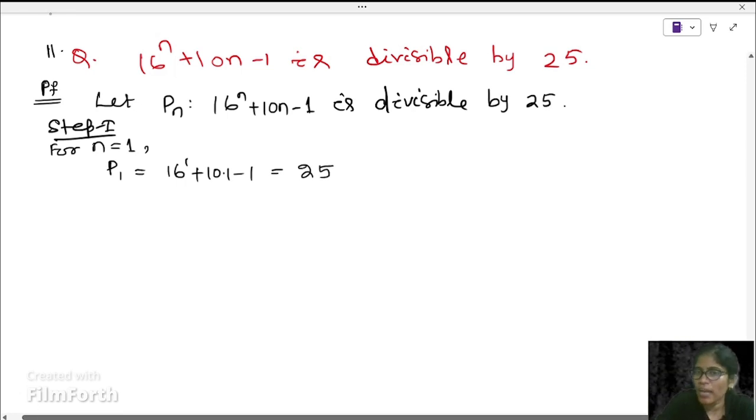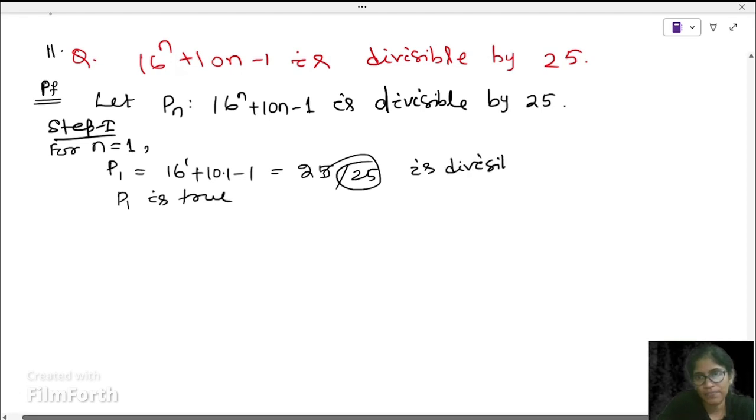Now 25 is divisible by 25. That means P1 is true.